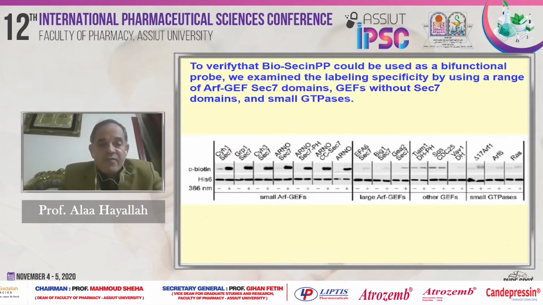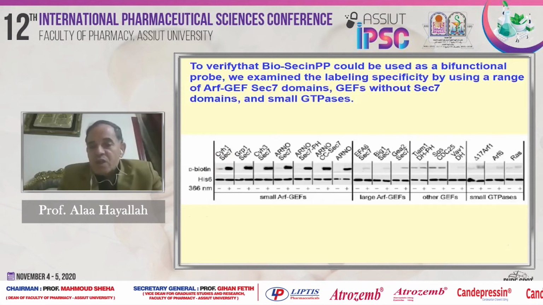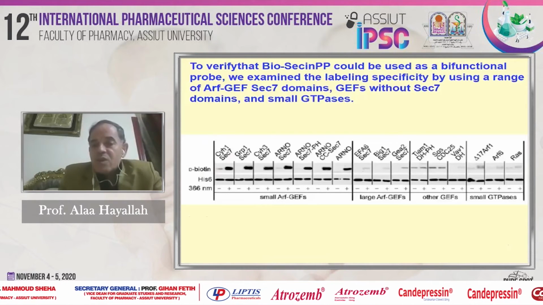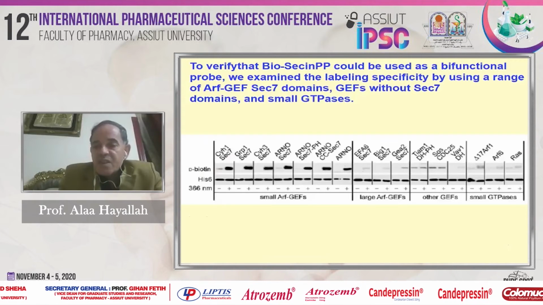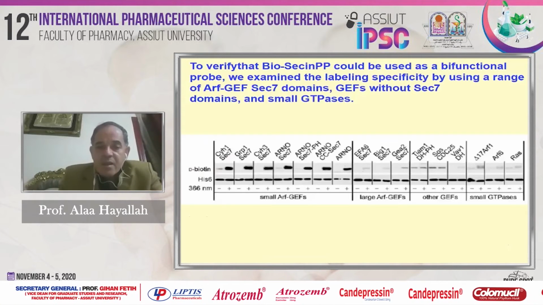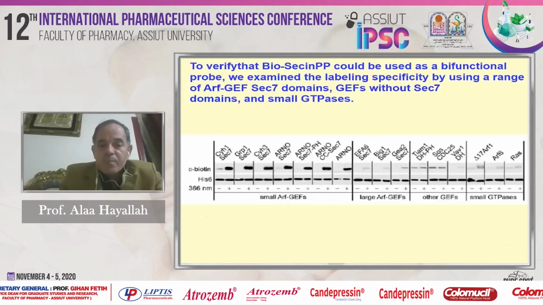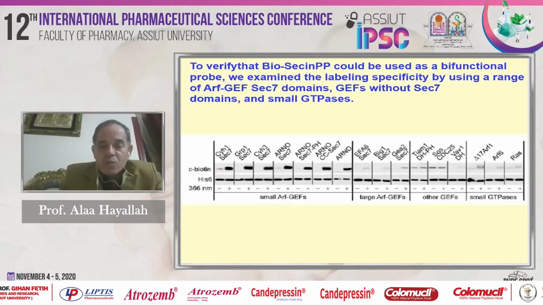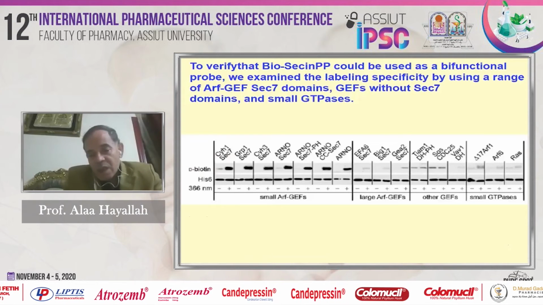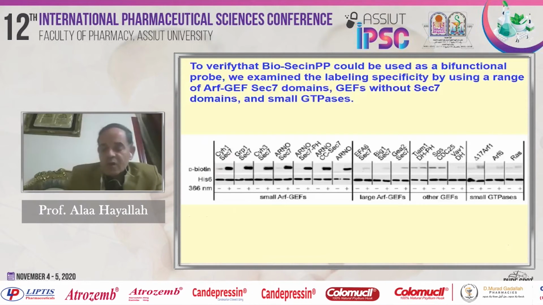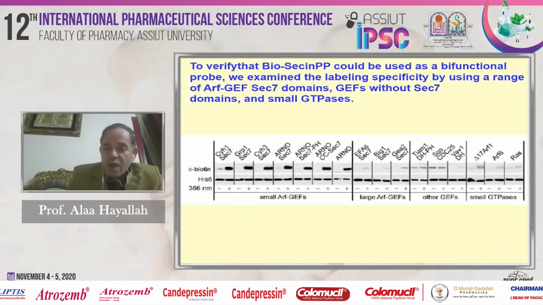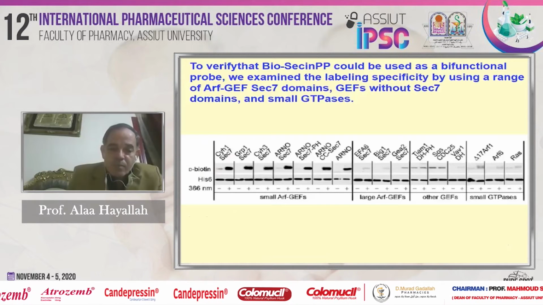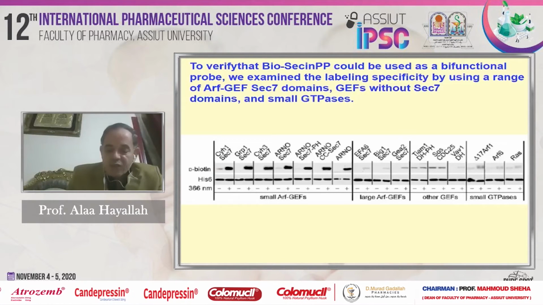To verify that biocysteine could be used as a bifunctional probe, we examined the labeling specificity by using a range of ARF GEF Sec7 domains, GEFs without Sec7 domain, and small GTPase enzymes with a large variety of ARF proteins, including ARF6 and RAS, and for example, the Sec7 domain and the CREB1 Sec7 domain.